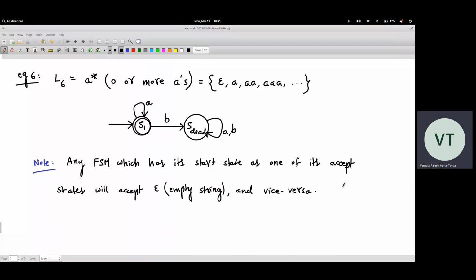That is, if you want to accept epsilon, blind rule, just make the start state an accept state. That's it. All right.